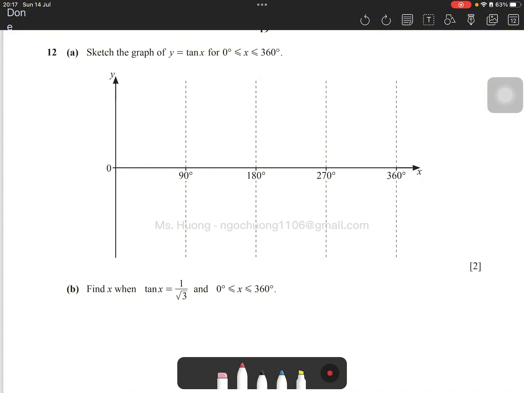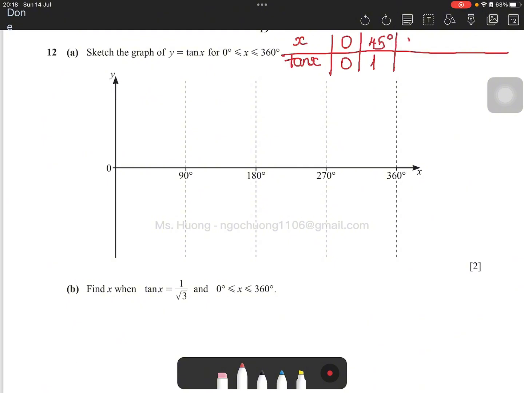Question 12a. Sketch the graph of y equals tan of x for 0 to 360 degrees. So first, we should draw a table of values for this function. When x equals 0, then tan of x equals 0. When x equals 45 degrees, tan of x is 1.